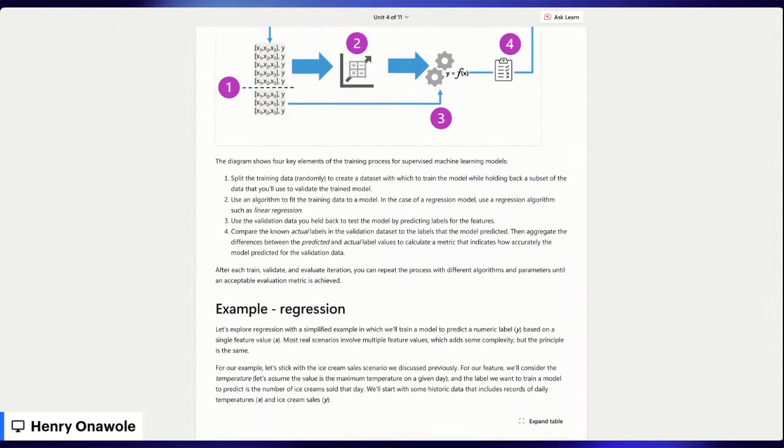The diagram shows four key elements of the training process for supervised machine learning models. One, split the training data randomly to create a data set with which to train the model while holding back a subset of the data you use to validate the trained model.